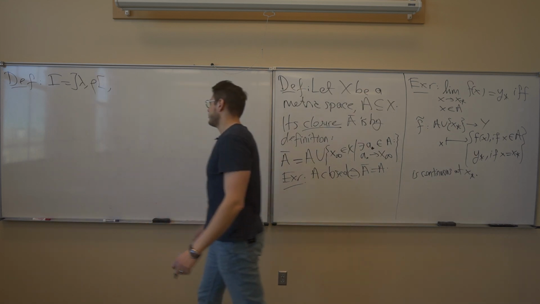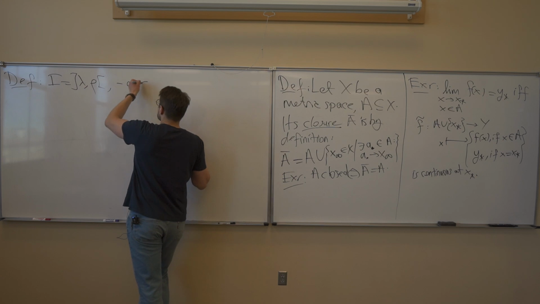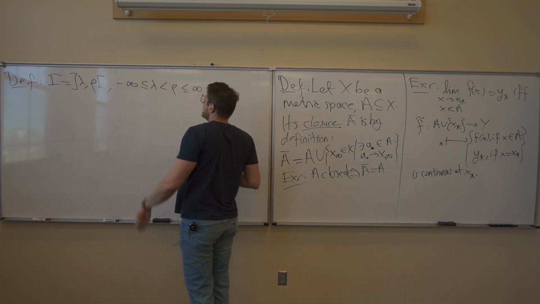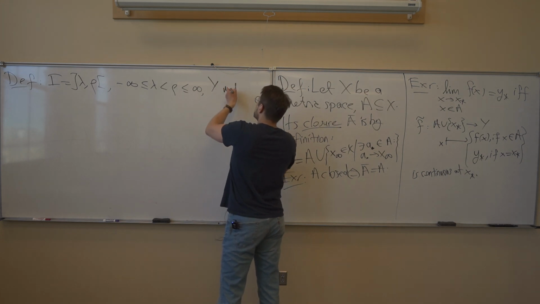In fact, I can allow lambda and rho to be minus or positive infinity in this case. And let's say that Y is a metric space.